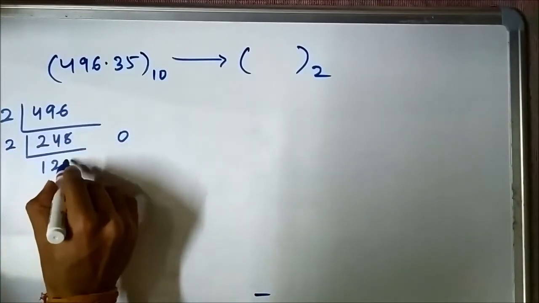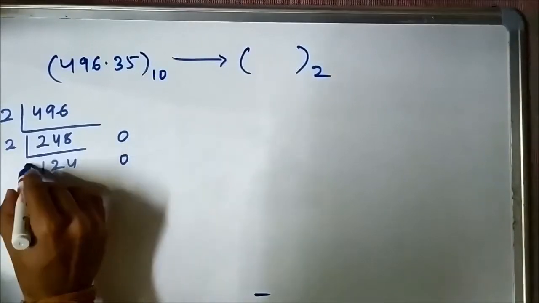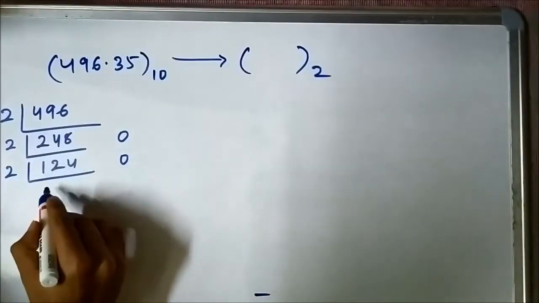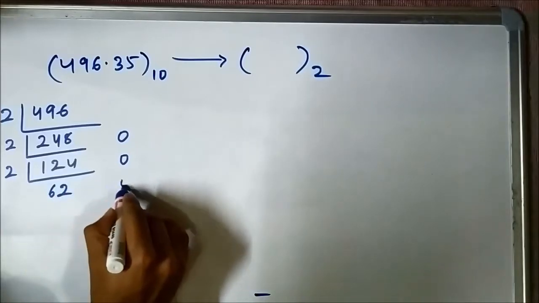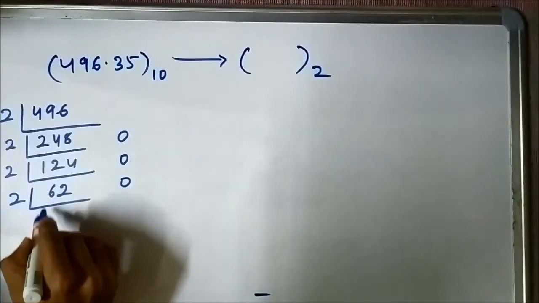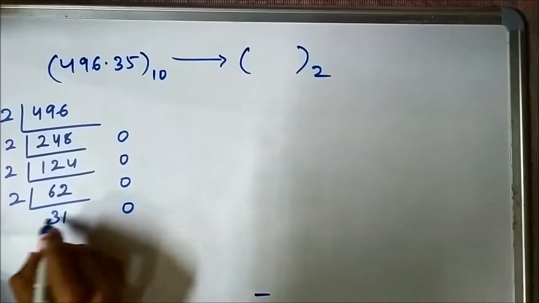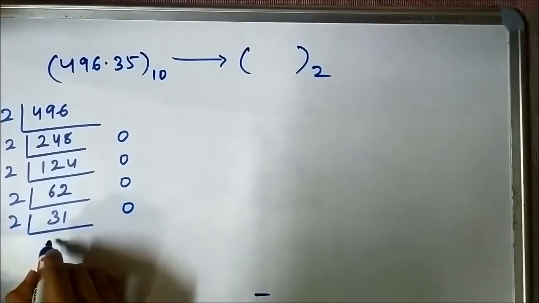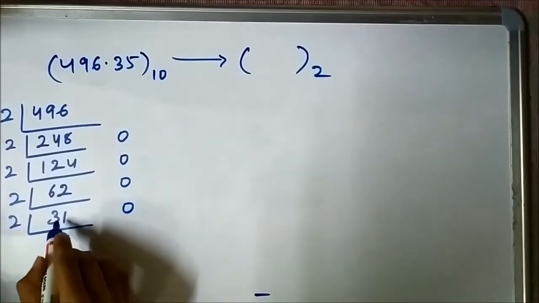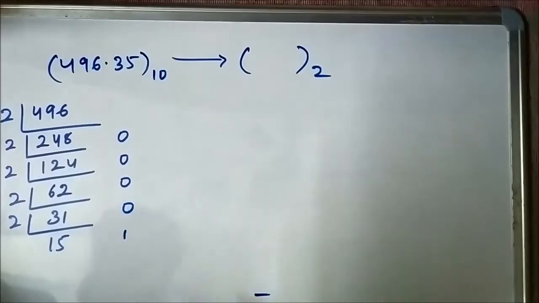Again 124, the remainder is 0. Again 62, the remainder is 0. Again 31, the remainder is 0. Again 2 into 15 is 30. Here 31 minus 30, the remainder is 1.